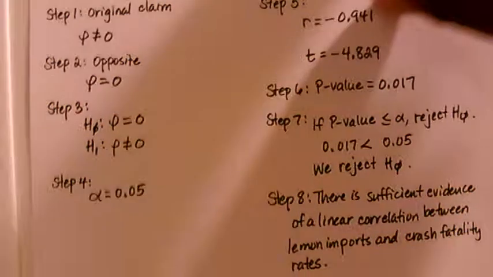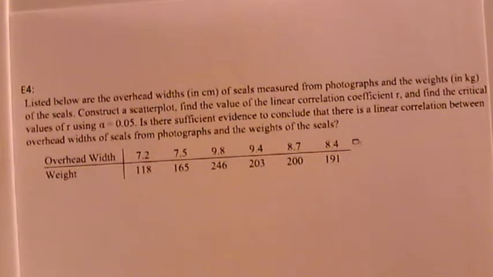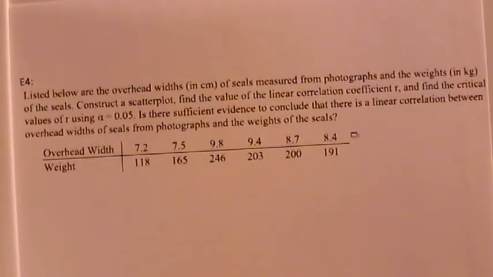Okay, one last example is this. Let's say listed below are the overhead widths in centimeters of seals measured from photographs and the weights in kilograms of the seals. Construct a scatter plot and find the value of the linear correlation coefficient, which is R, and find the critical value of R using alpha equal to 0.05.